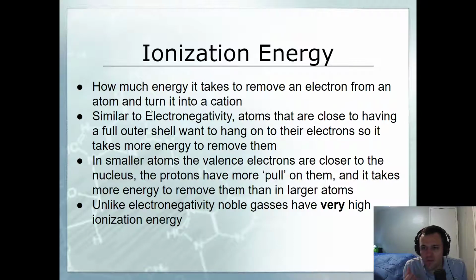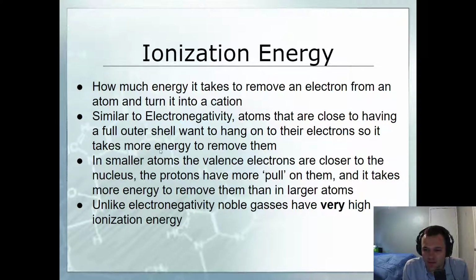Ionization energy is how much energy it takes to do that. This is similar to electronegativity. Atoms that are close to having a full outer shell are not going to want to let you take their electrons. They want to hold on to them as much as they can, because if you take one away, it just makes more work for them to fill their outer shell.